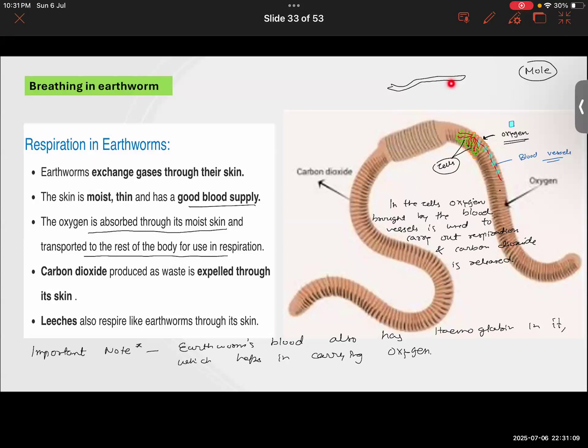Even during earthquakes they show a similar kind of behavior. And if farmers have to collect earthworms from the soil, they create vibration by hitting metal or wooden sticks on the ground, and the earthworms may rise to the surface.